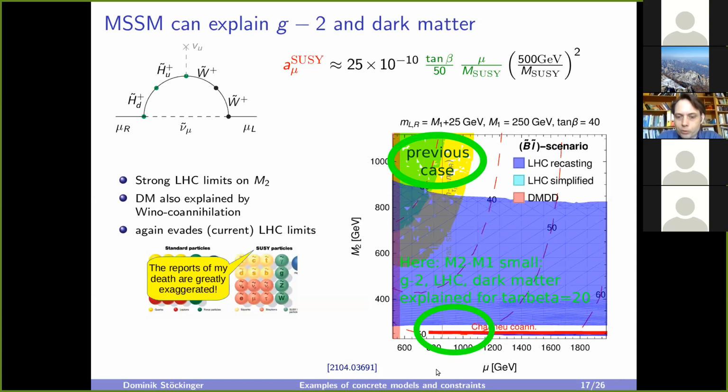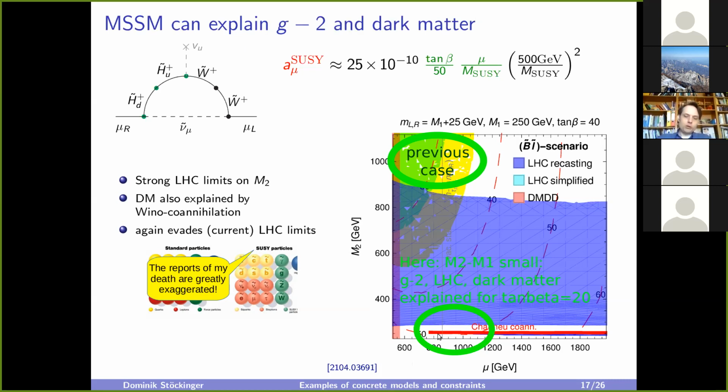And here in this region, where the wino mass is very close to the Bino mass, we again get an interesting effect for dark matter. Namely, we can explain dark matter by chargino-neutralino co-annihilation. And again, there we would have small mass splittings, and therefore the LHC limits do not apply. So these small mass splittings are also allowed by the LHC.